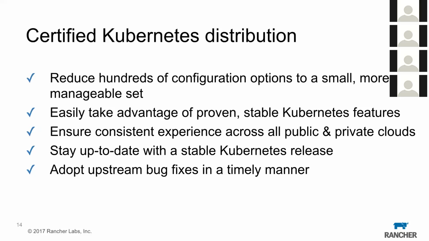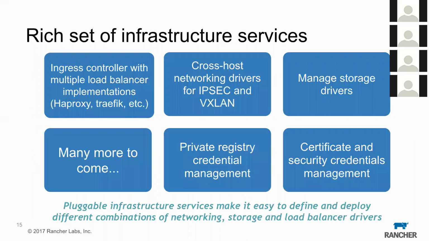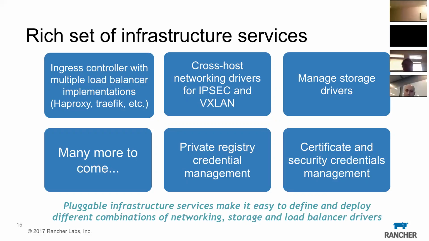And this is a little overview of the infrastructure services that we manage. As I mentioned already, Rancher has a built-in load balancer, which functions as an ingress controller for the Kubernetes environment. Currently, it is based on HAProxy, but it is built in a very modular way, so you can plug in your own load balancing solution, like Traefik or an Nginx reverse proxy, or even interact with some external load balancing solution.